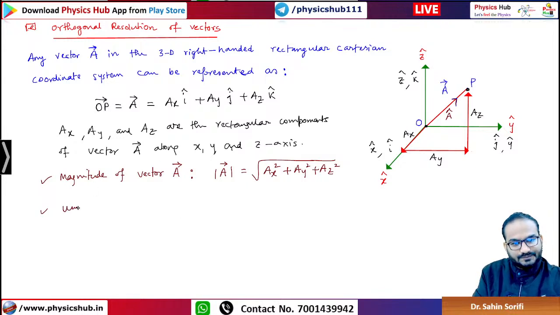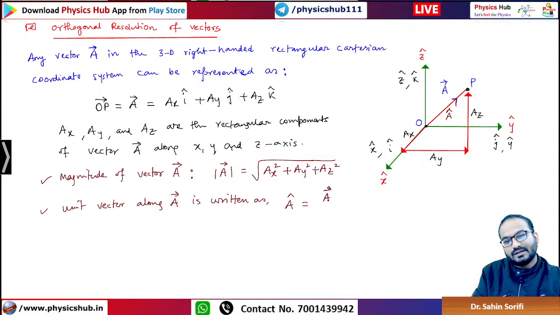So the unit vector along A is written as A cap, and A cap is defined as vector A divided by the modulus of vector A. Vector A we have already got: ax i cap, ay j cap, az k cap, divided by the magnitude.